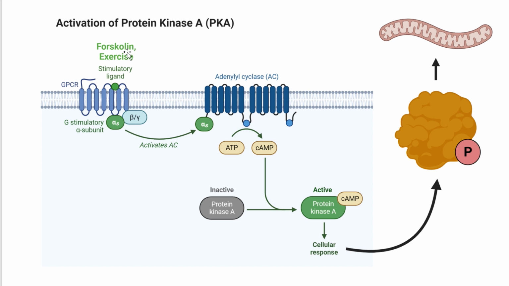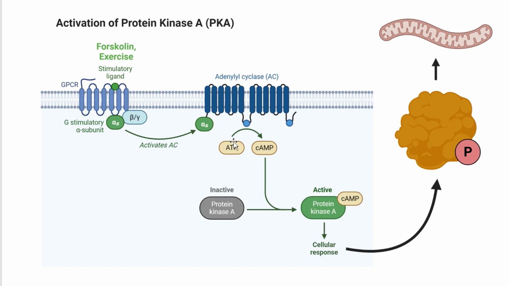Forskolin is a molecule that can bind to this G protein coupled receptor. It changes the molecular shape of this receptor, and that leads to an activation of this downstream protein known as adenylyl cyclase, AC.